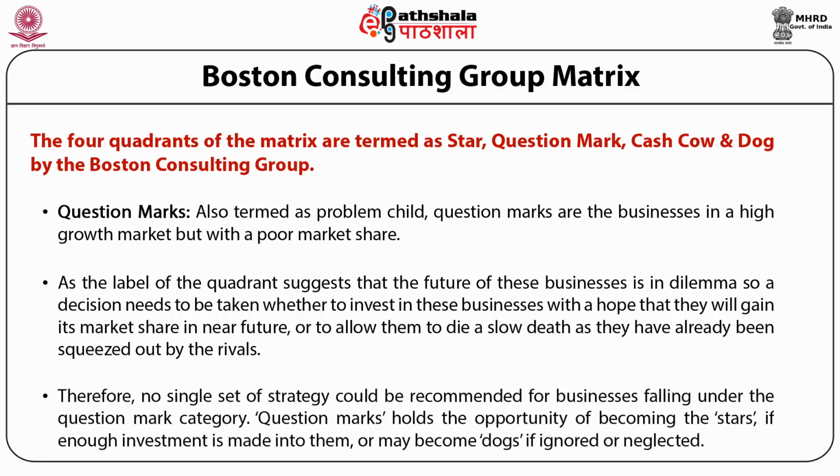Therefore, no single set of strategy could be recommended for the businesses falling under the question mark category. Question marks hold the opportunity of becoming stars if enough investment is made into them, or may become dogs if ignored or neglected.